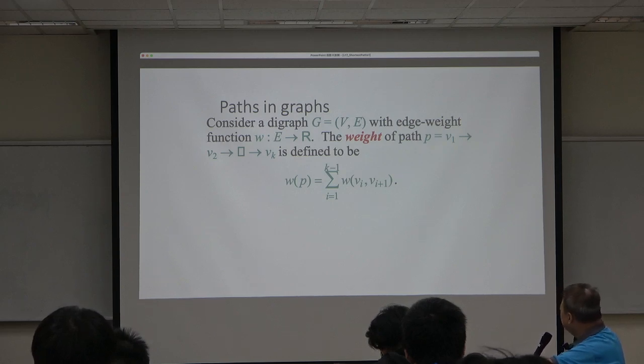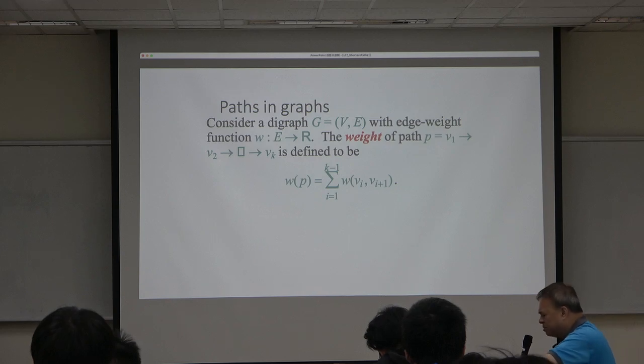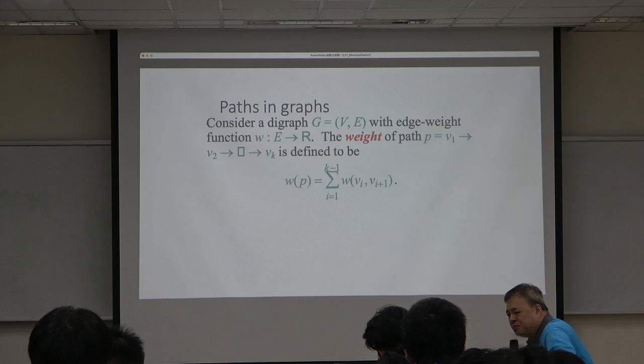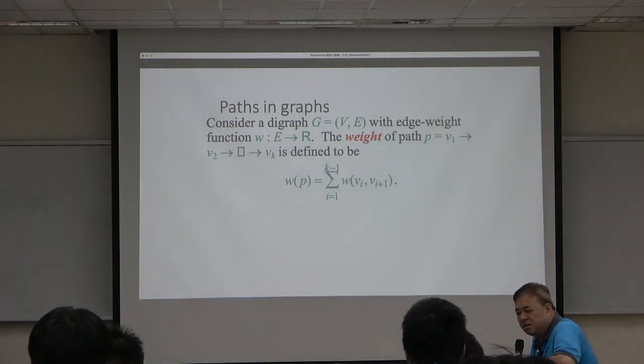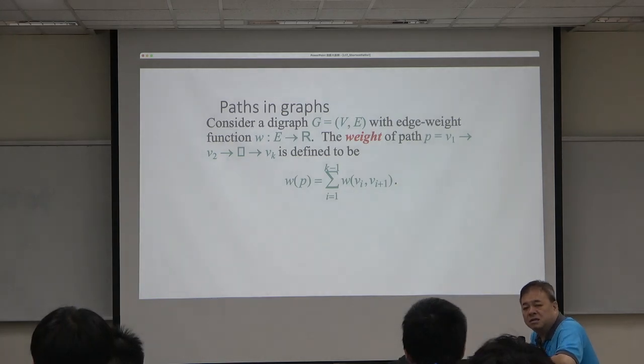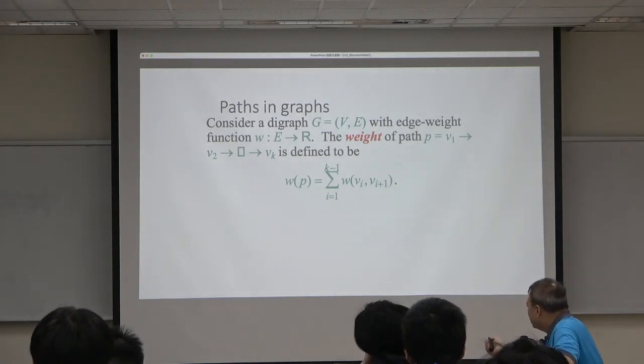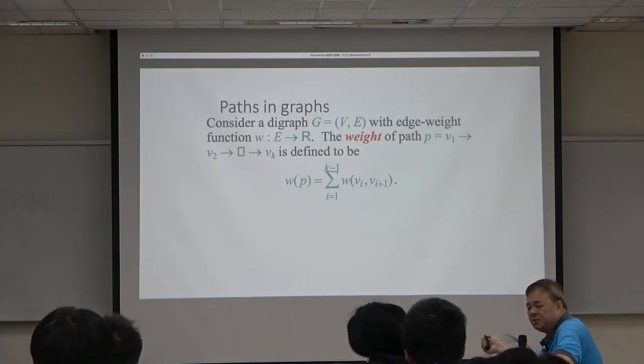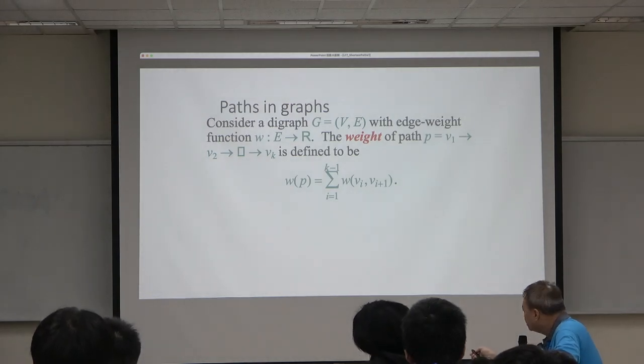And obviously, because we have k nodes, we have k minus 1 edges, right? So this should be very straightforward.